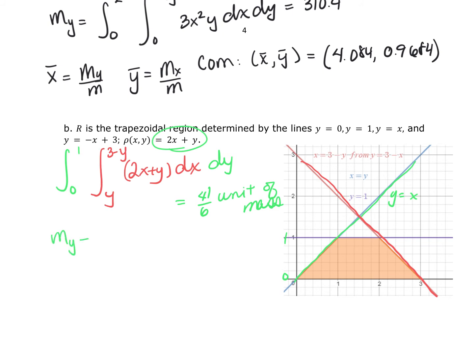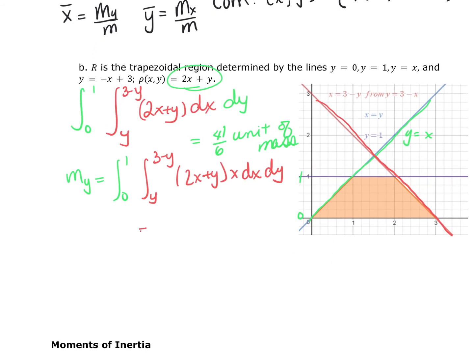My m sub y is going to be the integration from 0 to 1, y to 3 minus y, 2x plus y. Because I'm doing it with respect to y, I'm going to introduce another x, dx dy. And this, when I get done, is going to give me 143 over 12.